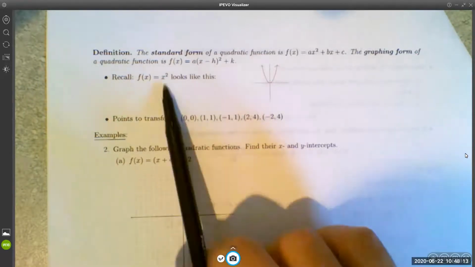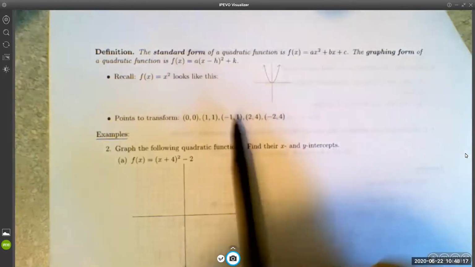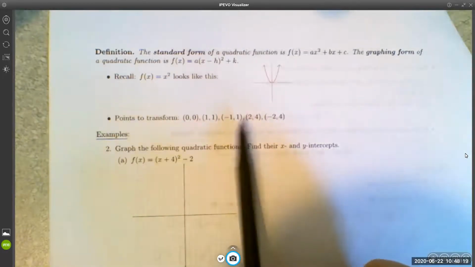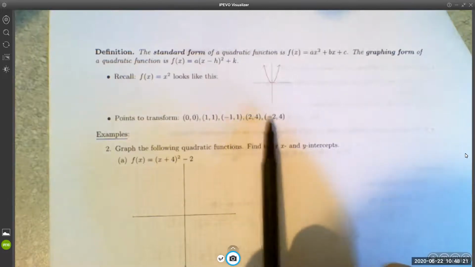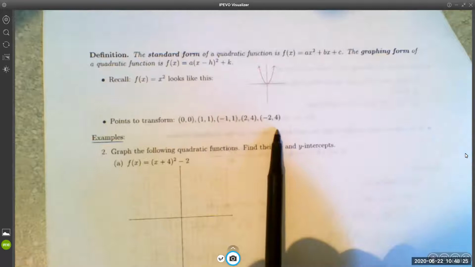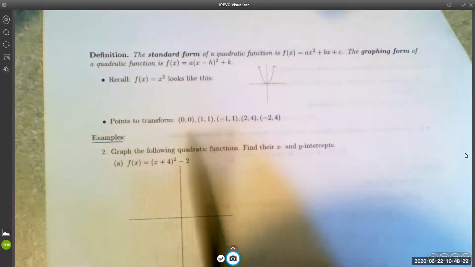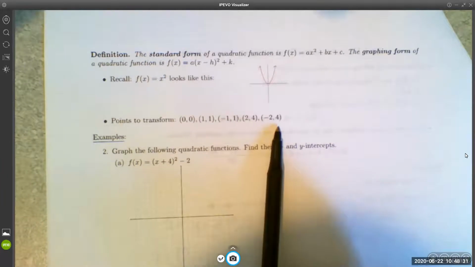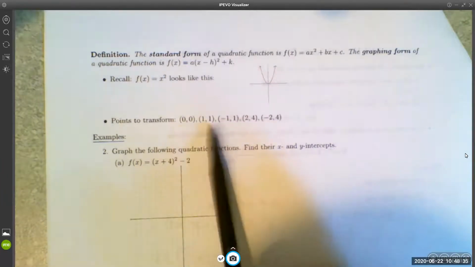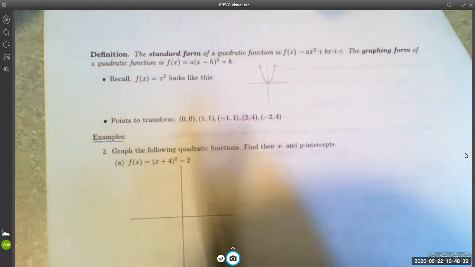When I input a negative 1, well, negative 1 squared is negative 1 times negative 1, so I'm going to get out a positive 1. When I input a 2, I get out a 4. When I input a negative 2, I get out a 4 again. So you don't have to memorize this list of points, but I'm listing them here so that when I'm grading your test or your quiz, I want to see these 5 points, or rather their corresponding transformations.